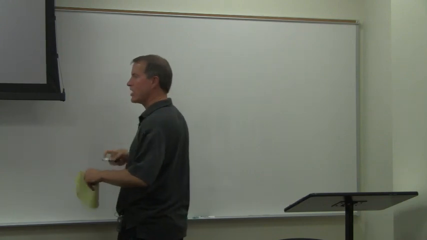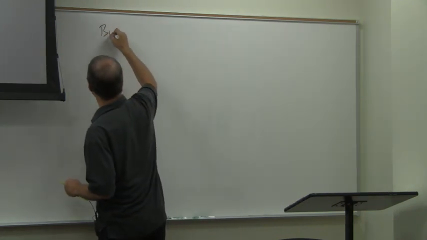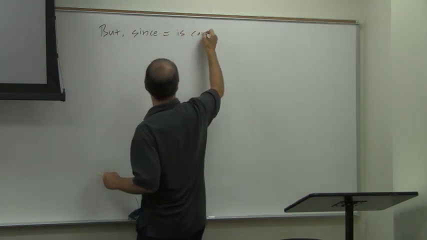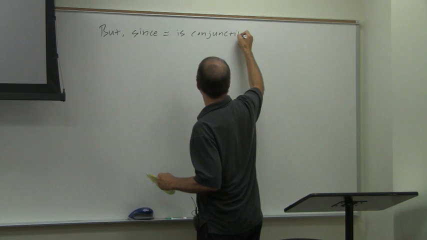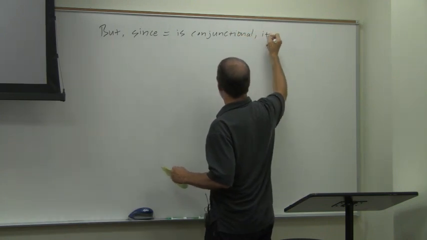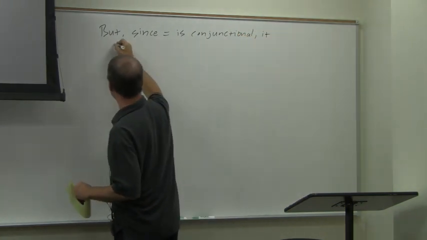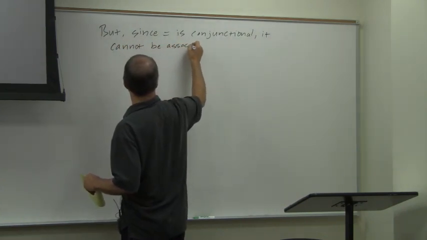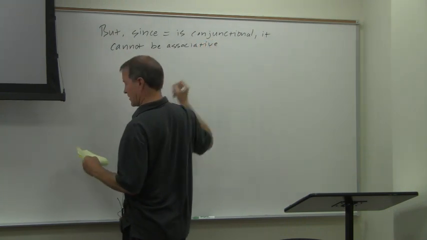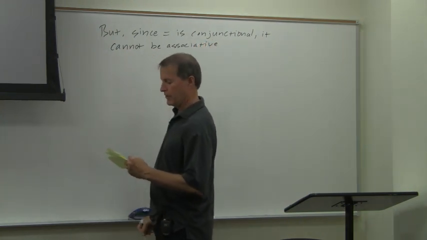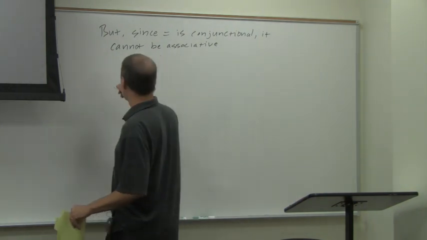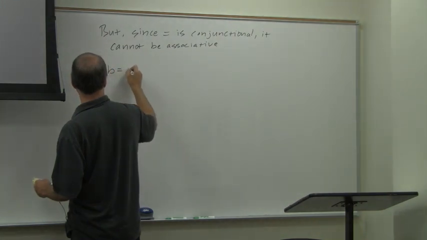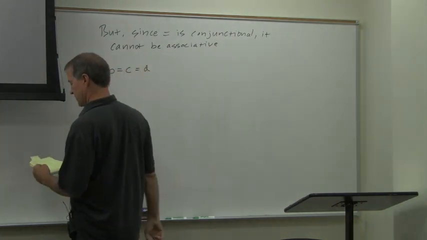Since equals is conjunctional, it cannot be associative. So let's do the same state. Let's say we have B equals C equals D, right?